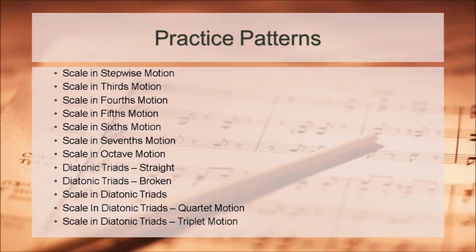But we talk about the scale in just straight stepwise motion, all the way up, all the way down. And then we talk about doing it in thirds, every other note, up and down.